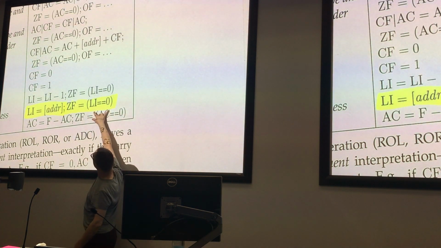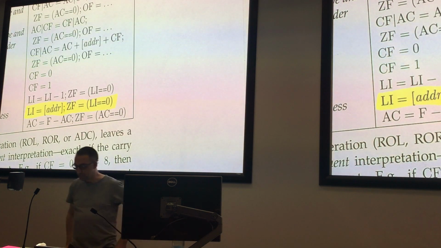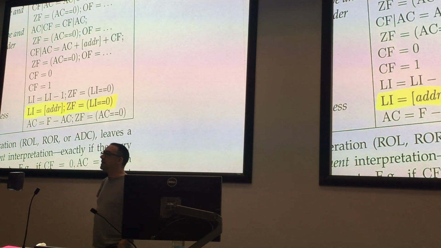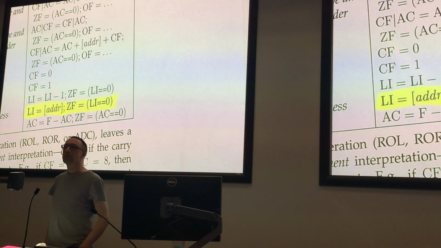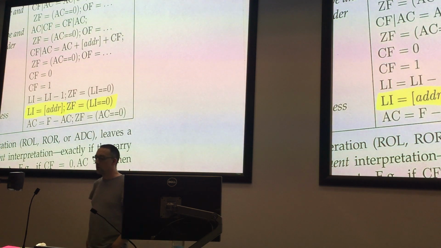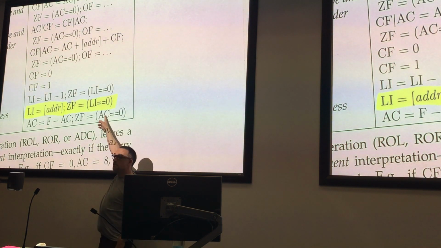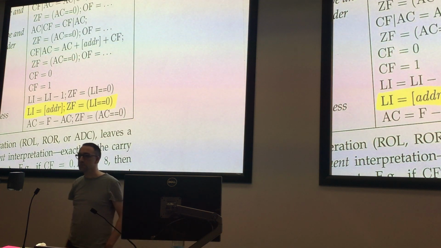So let's deal with the right-hand side first. Did we just make the loop index 0? No, we did not. So the result of this test will be false, otherwise known as 0.